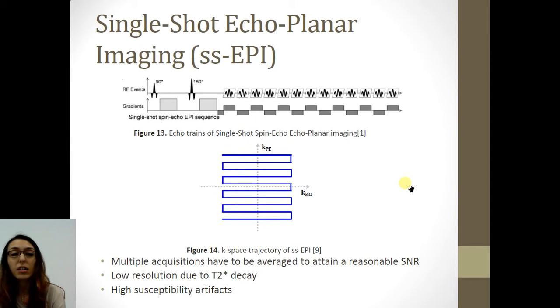So that's why the resolution is really bad due to T2 star decay, because we have to acquire the whole k-space in only one repetition time. Also this method has really bad signal to noise ratio. So in order to attain a reasonable SNR, multiple acquisitions have to be averaged.